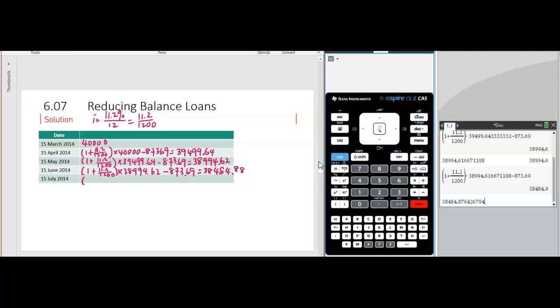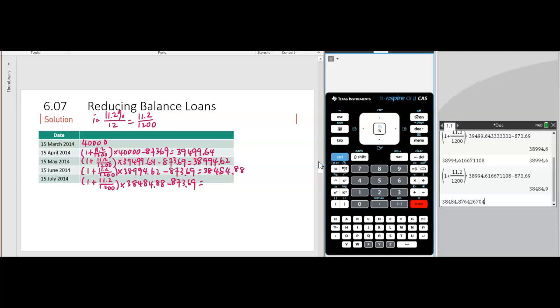Again, similar pattern, continue. Times 38484.88 minus 873.69.